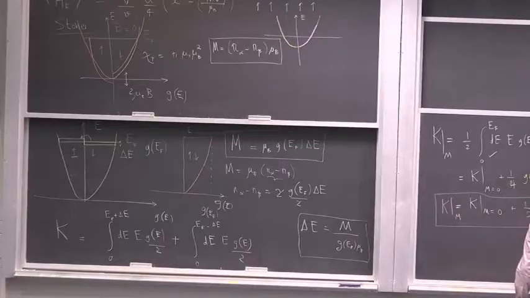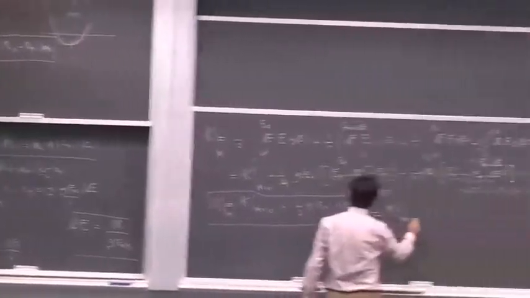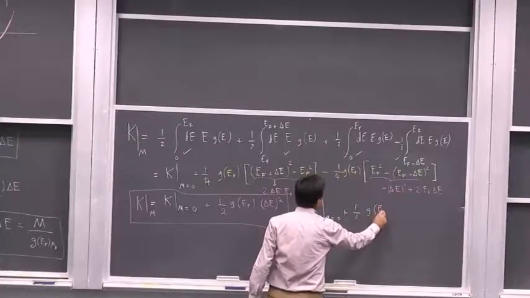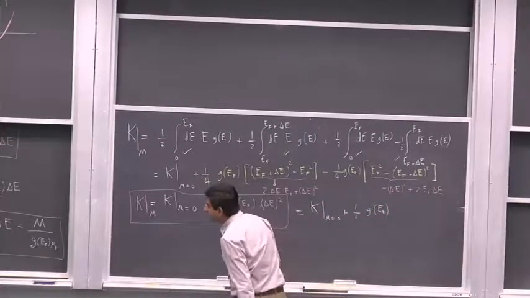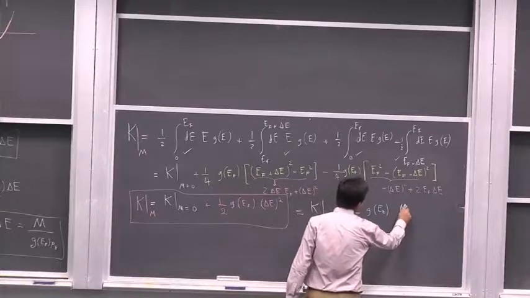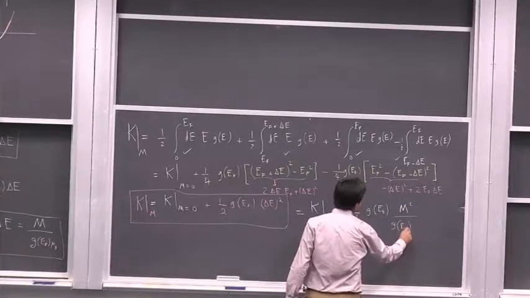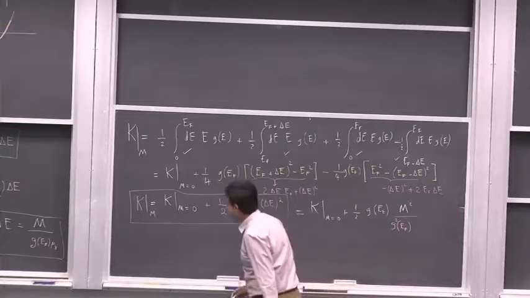I get the kinetic energy in the absence of magnetization plus half G(EF). Delta E squared is M squared over G(EF) squared mu B squared.